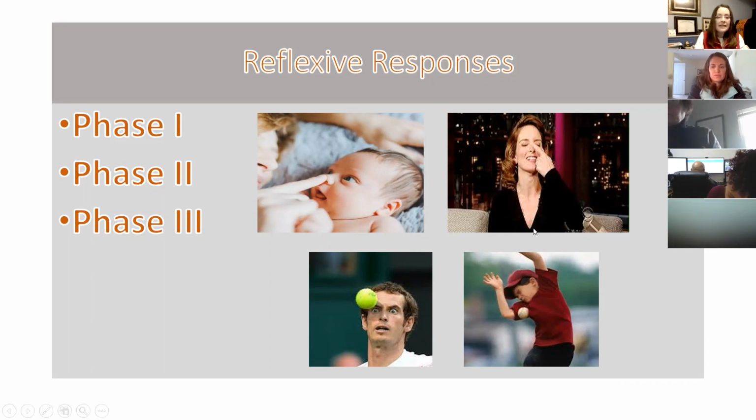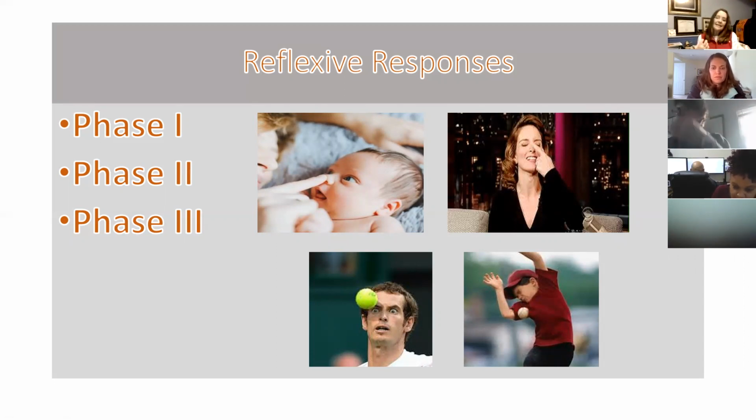And then our tennis player down here, this is another example of not blinking to a visual threat. This is the threat coming at our face, and he's like, it's coming, but he doesn't blink or respond to that. That's a no response to visual threat. As opposed to our little guy over here who's about ready to be hit with a baseball. He saw that threat coming. He reacted to that threat.